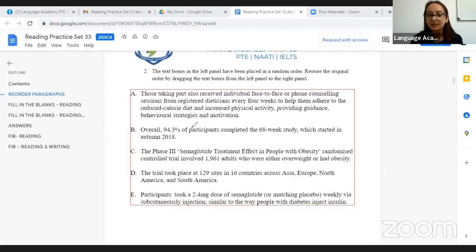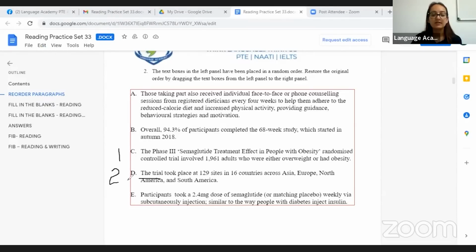Let's see. So the first one was very clear and all of you have got it correct. The phase third semaglutide treatment effect in people with obesity randomized controlled trial involved these many adults who were either overweight or had obesity. This is the topic. And then there was a direct reference, the trial.